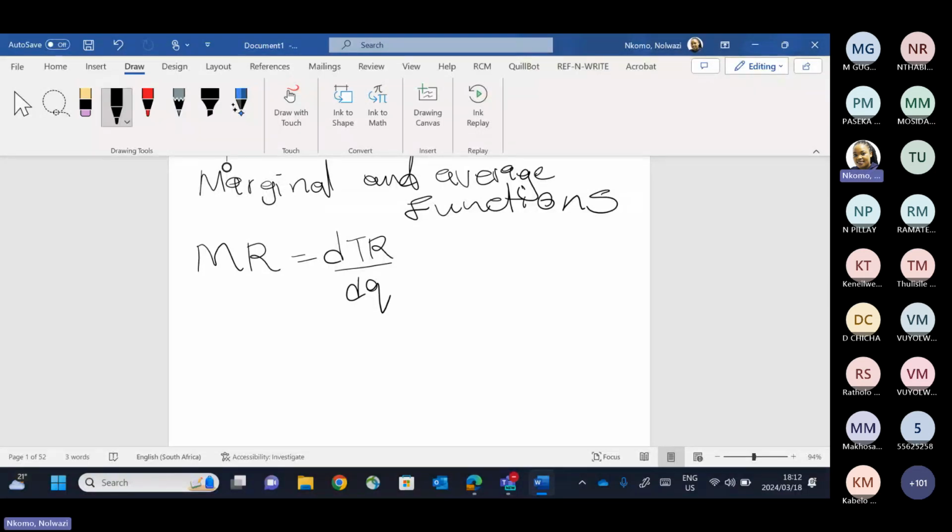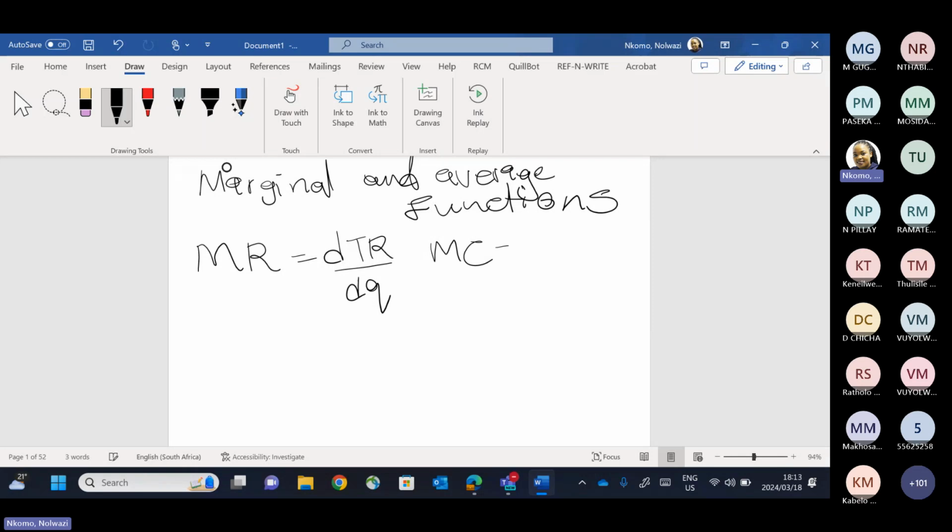And again, the rate at which the total cost changes is called the marginal cost. This means if we differentiate the total cost with respect to the quantity, you will get the marginal cost.